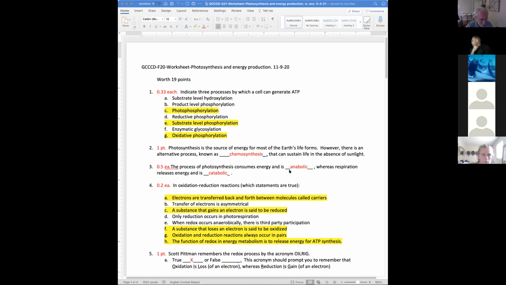About half of you put down endergonic and exergonic. And as I said, those are not incorrect, so I gave full credit for those. But I preferred the former terms because these processes really don't have much to do with heat, whereas the other terms imply that heat is involved.